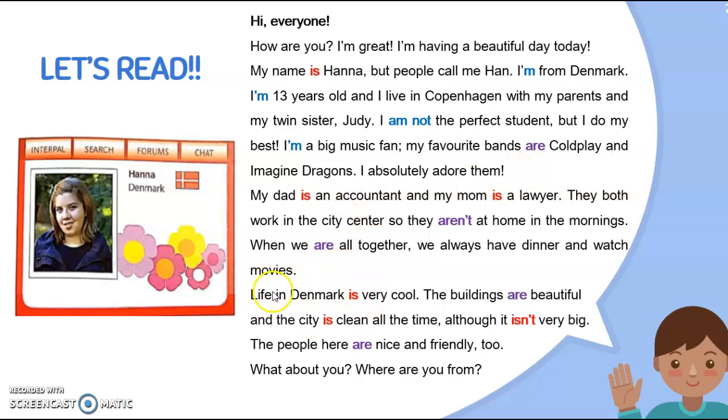We also have a brief description of the country where she lives, and the buildings in it, and the people.